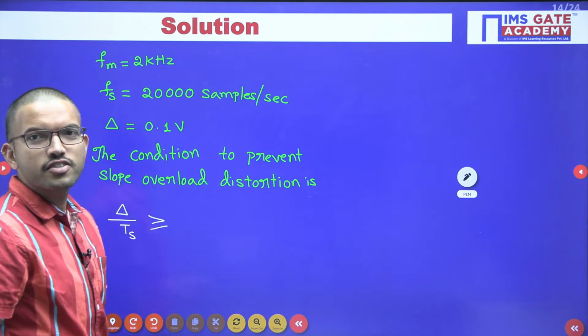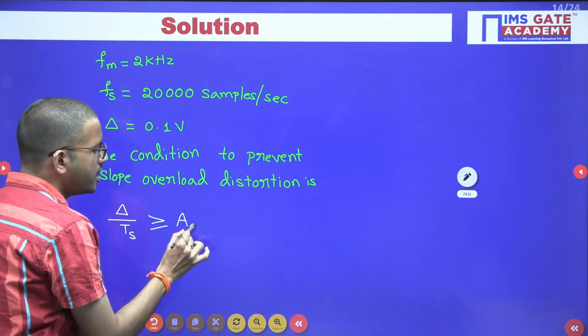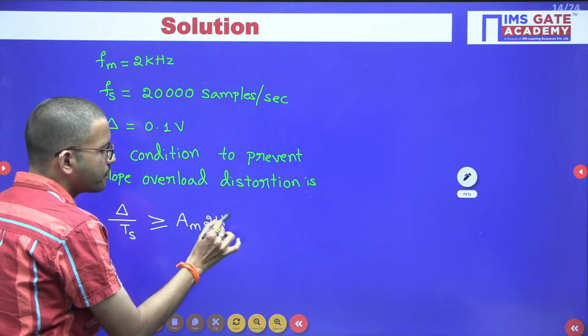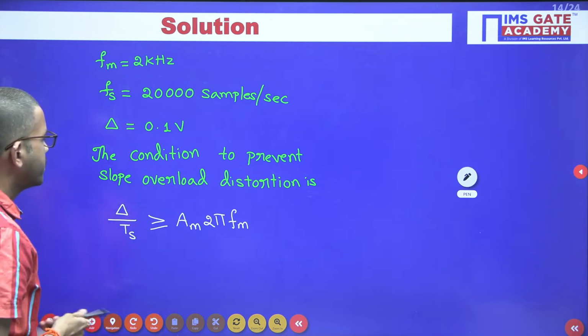Hi Rakesh, good evening. Delta by Ts greater than or equal to AM 2 pi FM.